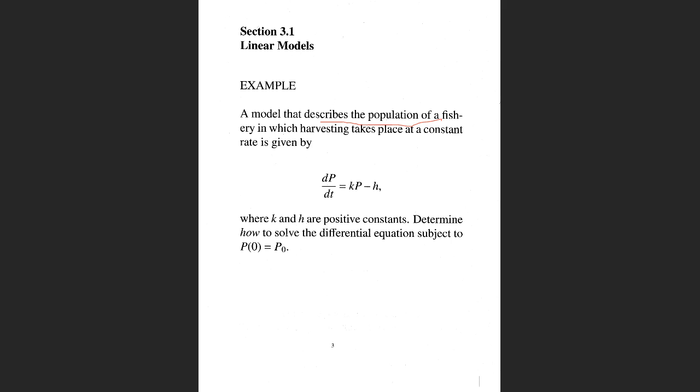That's harvesting. So in this problem, you have a differential equation. The growth rate of the population with respect to t is proportional to the population at time t. That would make sense. But then you have this minus h. So h would be your harvesting constant. H is called the harvesting constant.